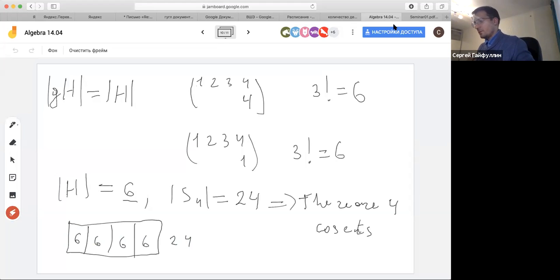Now, can you guess what the other cosets are? We have 2 cosets.